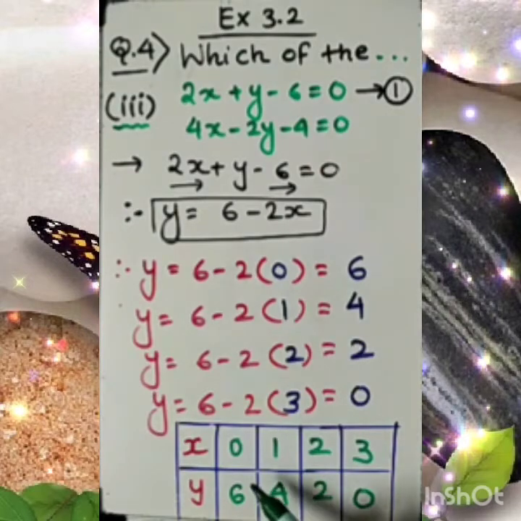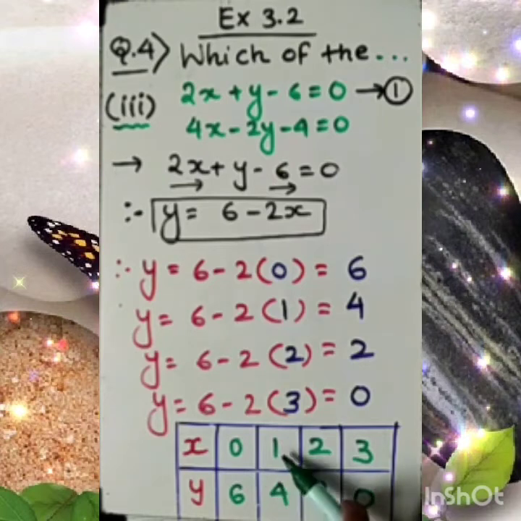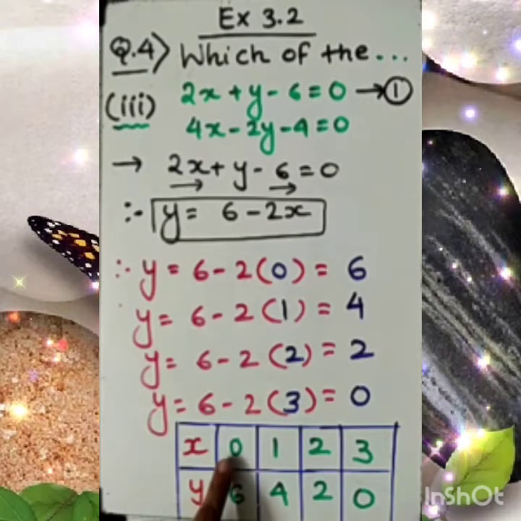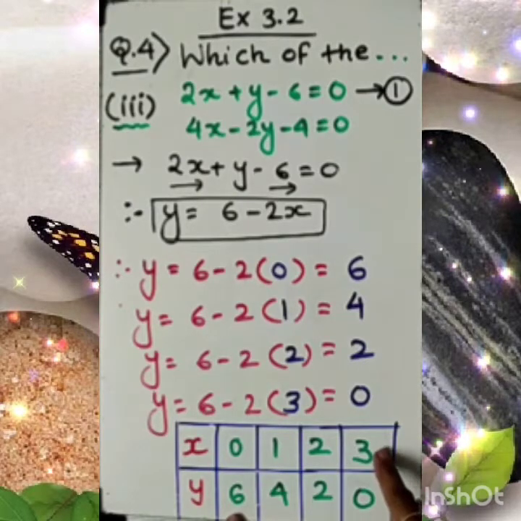Okay, and here we are going to locate the points on graph paper: (0, 6), (1, 4), (2, 2), (3, 0). This (0, 6) will lie on which axis? Because its x-coordinate is 0, it must lie on the y-axis. And the same with (3, 0), which will lie on the x-axis. And the rest, (1, 4) and (2, 2), must lie in the first quadrant.